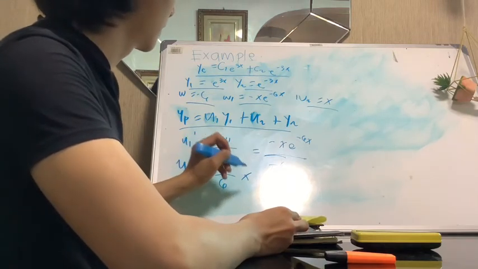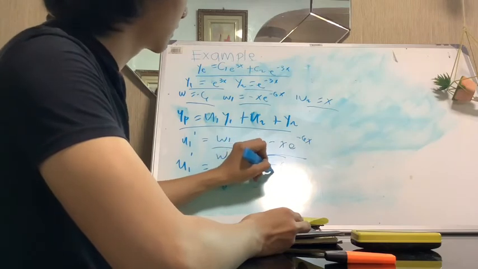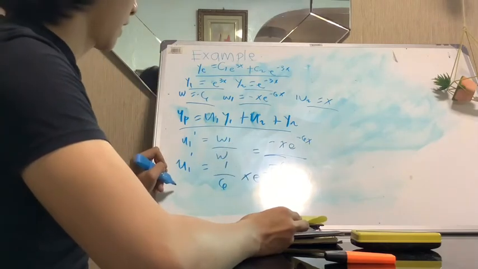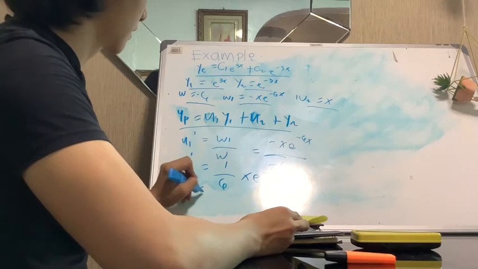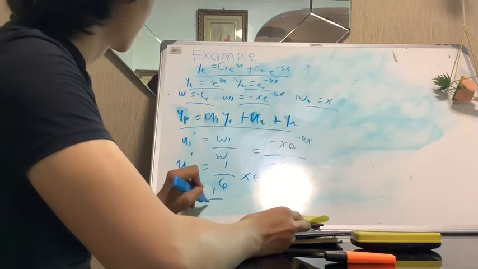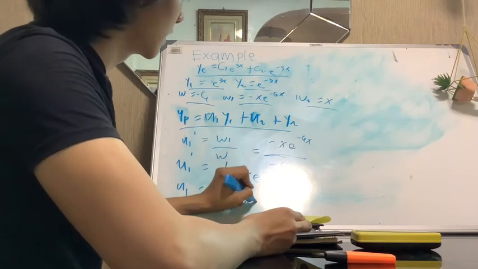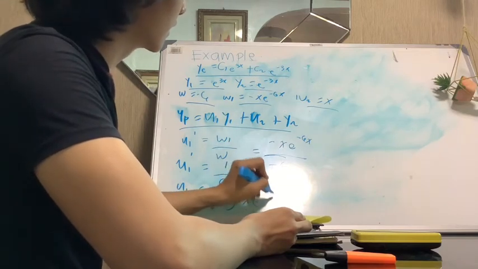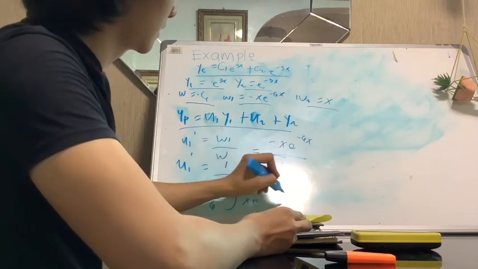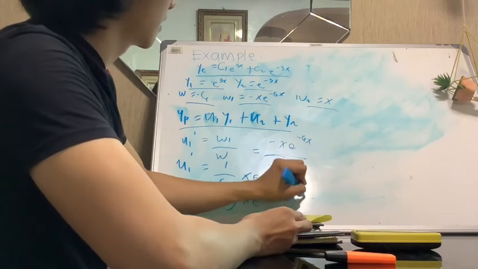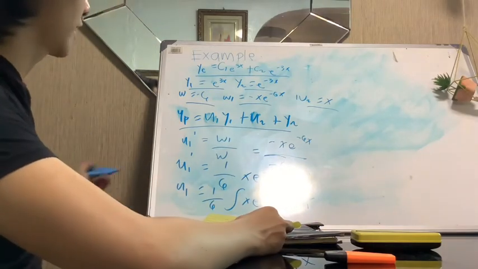And then e to the 6x. Our u1 is 1 over 6 integral of x e to the negative 6x dx.